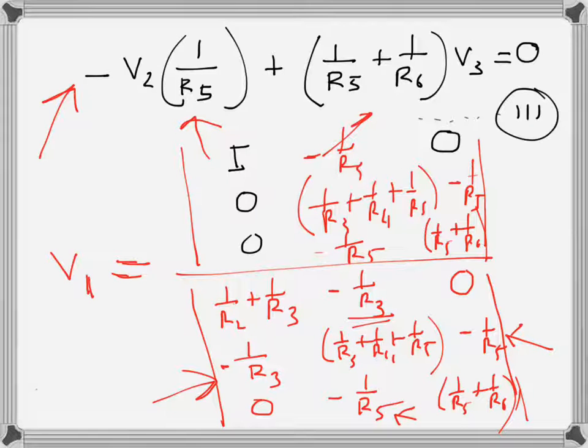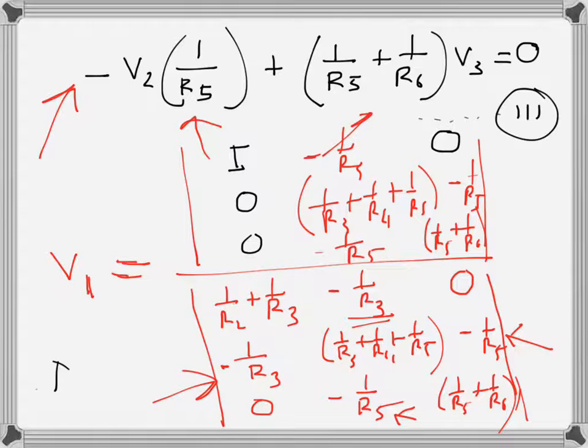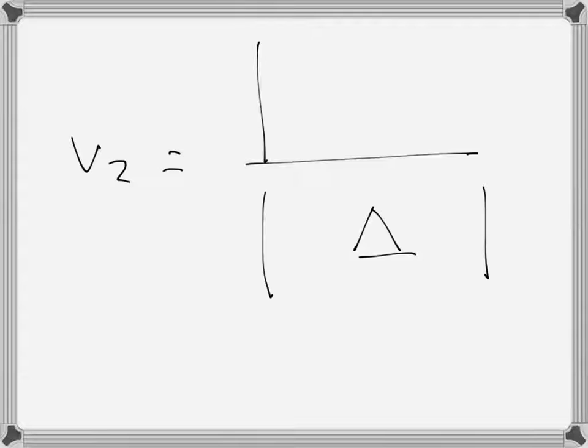Now for V2 it will be exactly the same, the denominator will exactly be the same, so I will just write delta, if this one I call delta, and on the numerator it will be exactly the same, only the second column now will be I, 0 and 0, so the right hand side, and similarly for V3 the rest will be the same, so I am not writing.